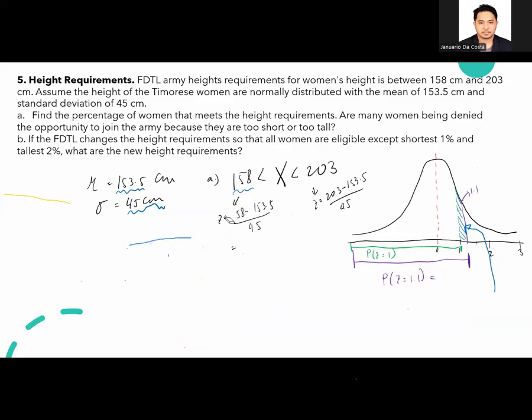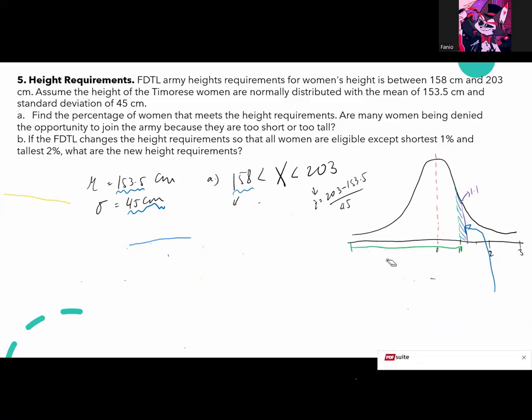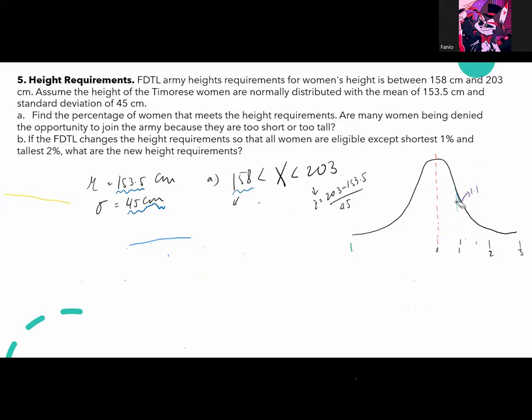Alrighty. Okay, let's do problem B. Favanyu, can you explain letter B? What are we trying to find? Trying to identify what are the new height requirements for women.